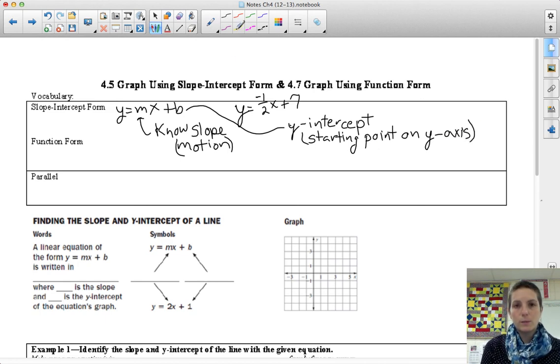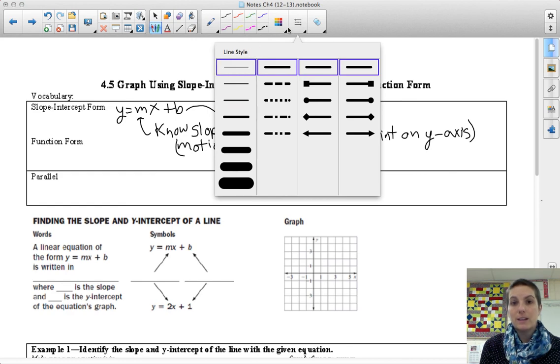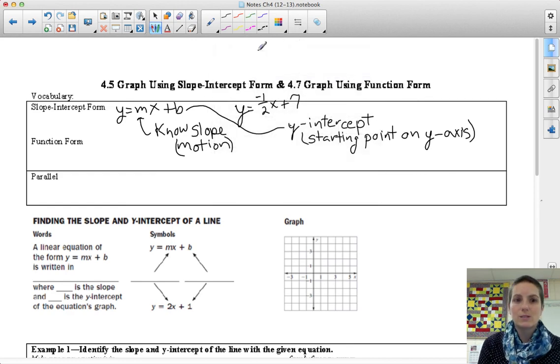Now, function form is very similar. It has all the same ideas, that I can look at a problem and know a lot about it. Specifically two pieces. But in function form, instead of using y, they use this f notation.